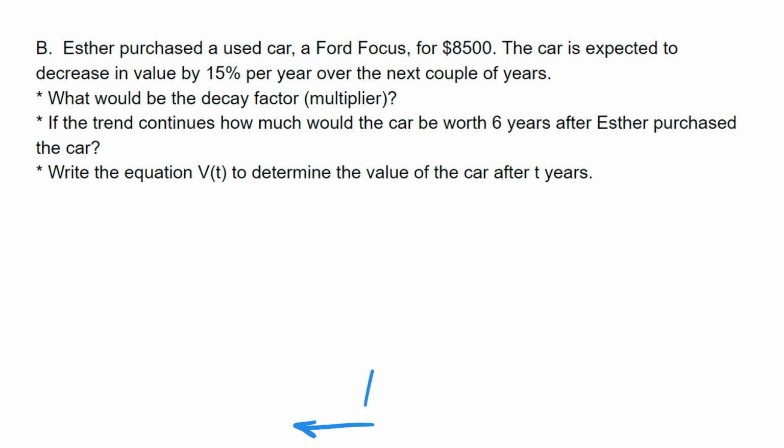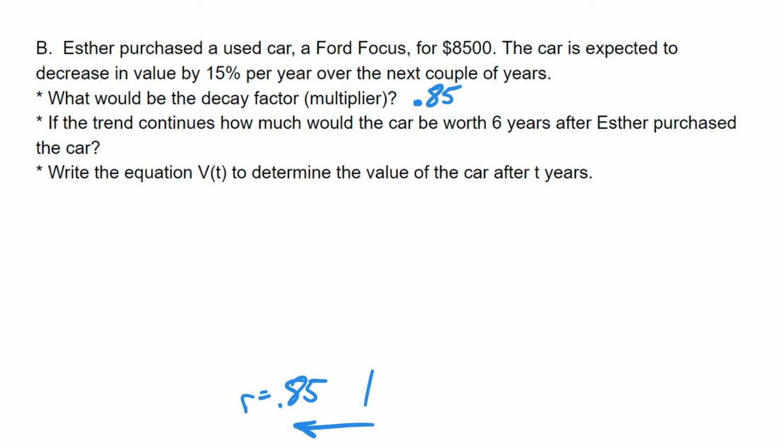It's a representation of the number 1. So if we subtract 15%, that would be 0.85, and that's our rate. Her car will be worth 85% of what it was. All right? What would be the decay factor? We just talked about that, 0.85. That's what our common ratio is going to be.